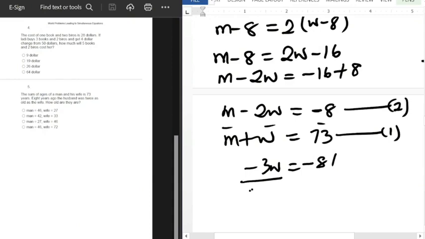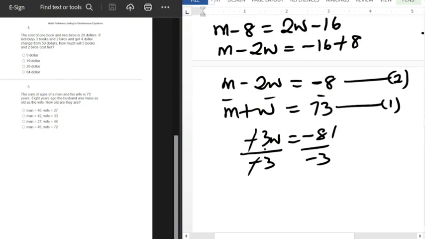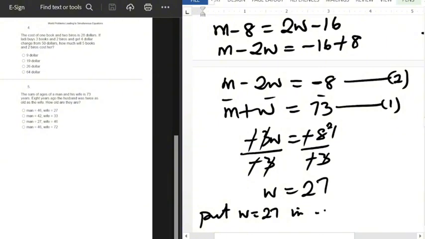We divide both sides by minus 3. So the minus cancels the minus, 3 cancels 3, and 81 divided by 3 is 27. So the woman's age is 27.